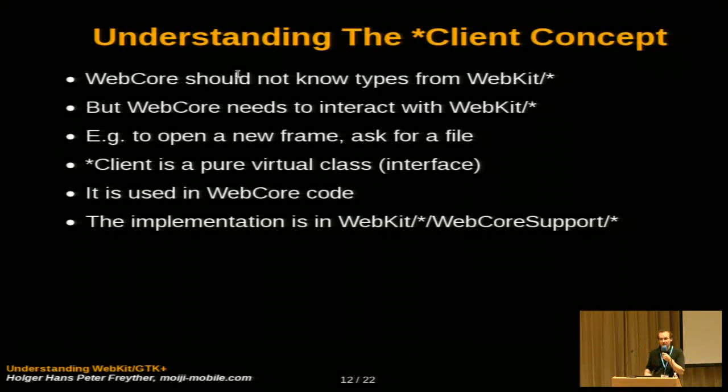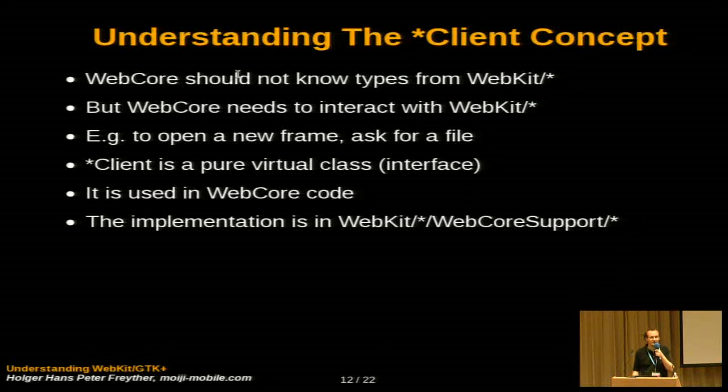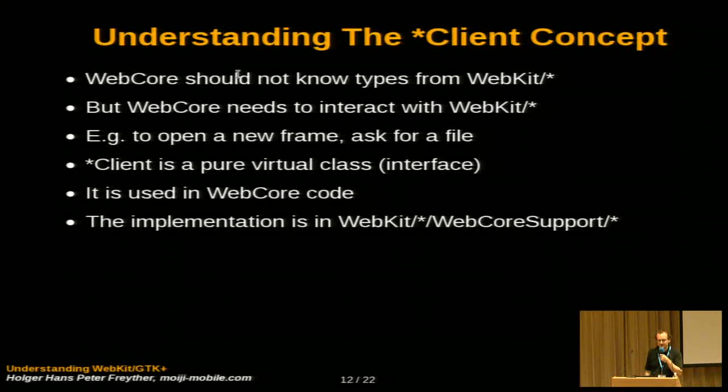So a general rule of our abstraction is that WebCore should not know about types we use in the WebKit directory. But sometimes the code in WebCore needs to interact with the platform-specific GUI and API code. An example, in JavaScript, you can ask for the size of the frame, and you need to make it possible. So we use this client system. In general, it's a pure virtual class.